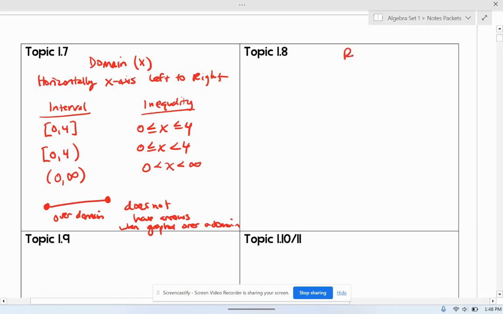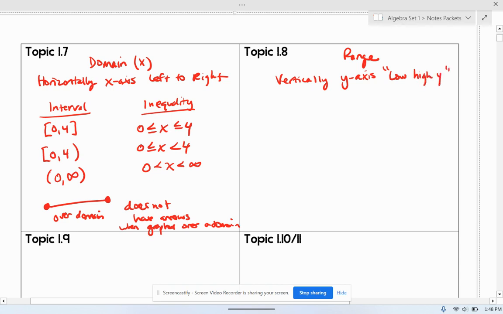Okay, topic 1.8 was range. We read the range vertically. We find it along the y-axis, and you can think of it as low, high, y. Okay? When you're looking for it on the graph, let's say you had something that looked like this.